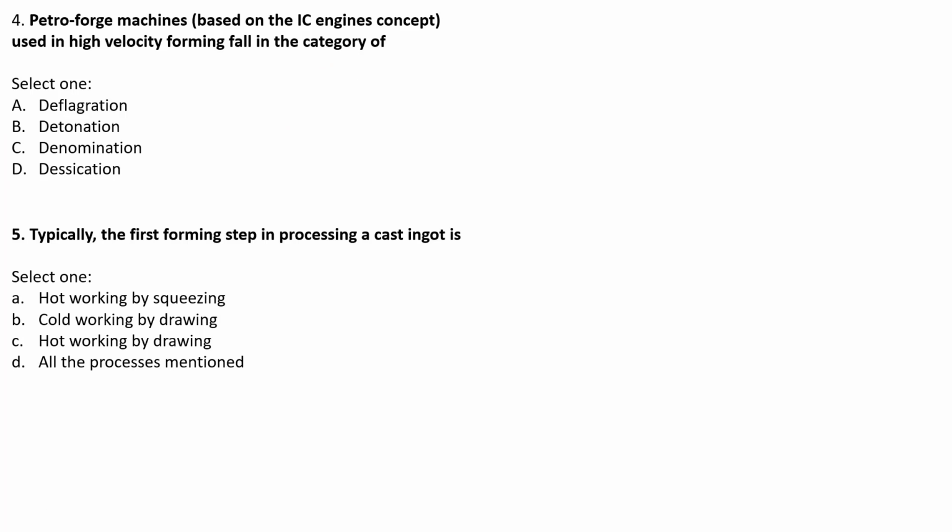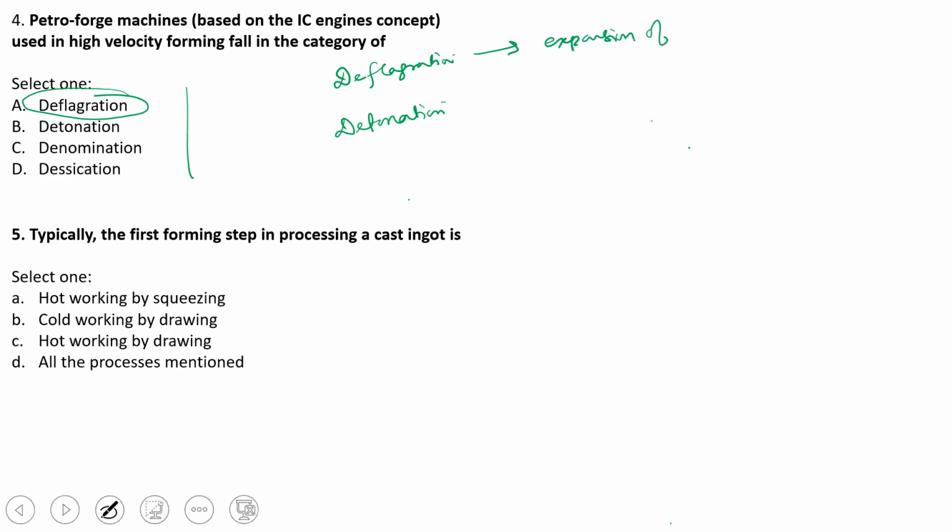Next question is: Petroforge machines based on the IC engine concept used in high velocity forming fall in the category of. So this falls in the category of deflagration. Okay, so there are two things like deflagration and second is detonation. Okay, so deflagration happens because of expansion of the gases, but detonation happens because of some explosion.